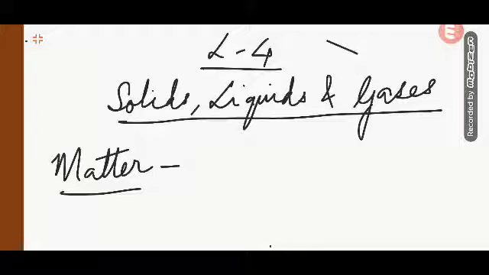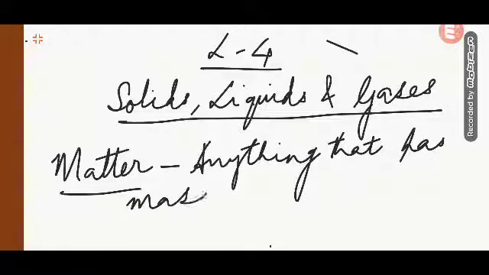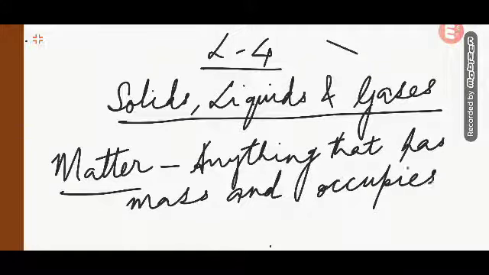Now, matter is what? It is a substance or anything that has weight, or we can also say mass, and occupies space. Occupies means takes space. Now it can be anything. If we talk about a solid, suppose you take a book, then that book is also matter.